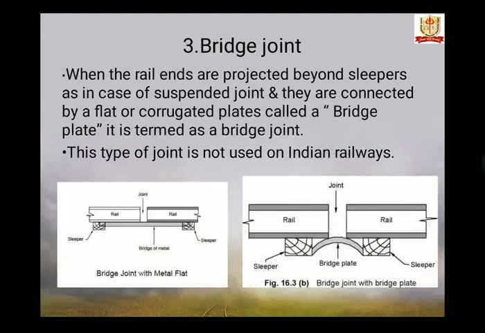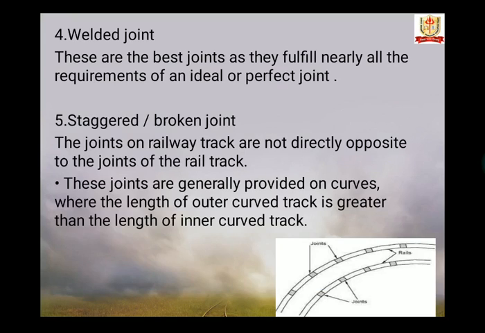Next is the bridge joint. When the rail ends are projected beyond the sleeper as in the case of the suspended joint, and they are connected by a flat or corrugated plate, this plate is called a bridge plate and the joint is called a bridge joint. This type of joint is not used on the Indian railway.